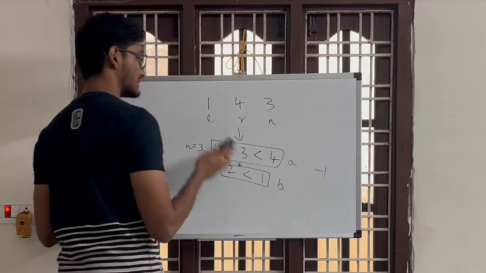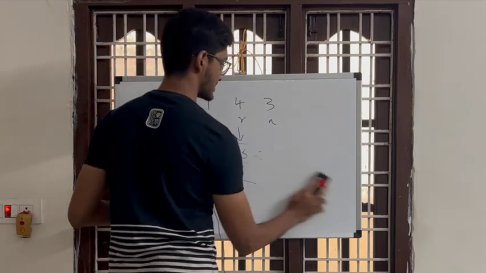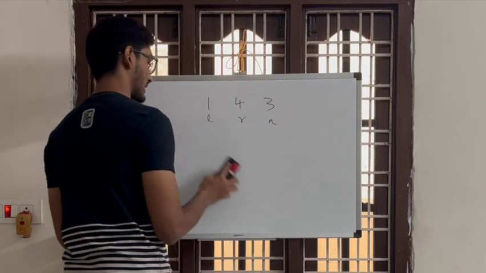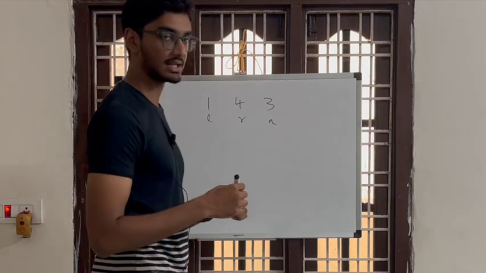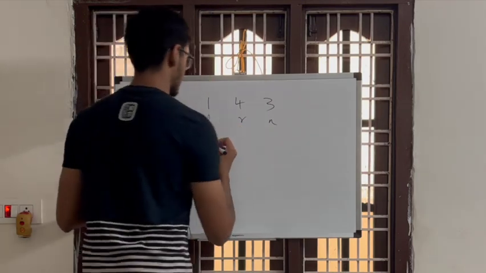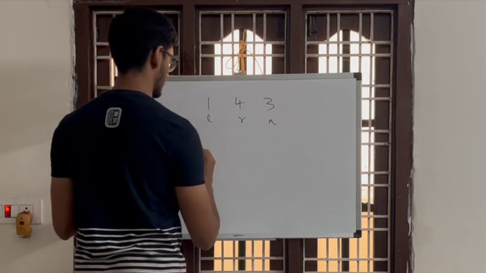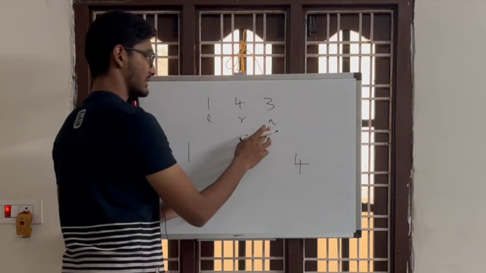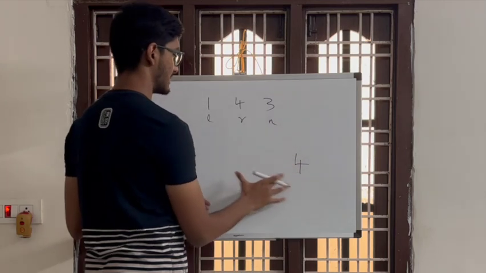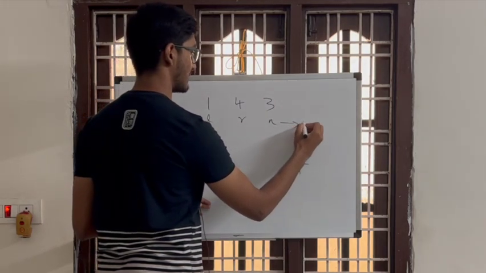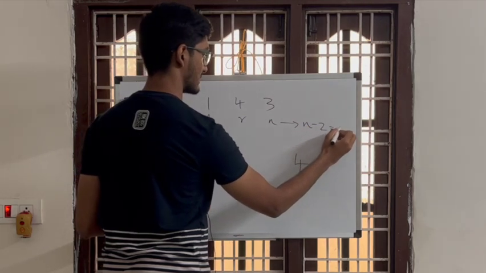Now that we've explained the question, we'll get into the intuition of how we're supposed to solve it and how I wrote my code. So if you look at it, let's write this example, 1 and 4. Now, n is 3, and we already wrote two elements, so we can reduce n to n minus 2, which is 1.